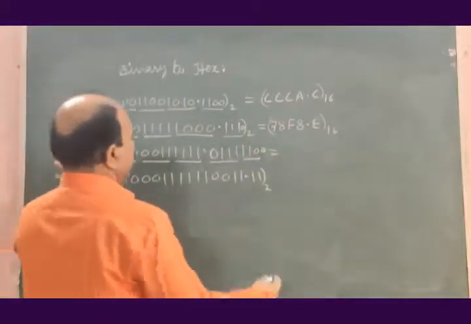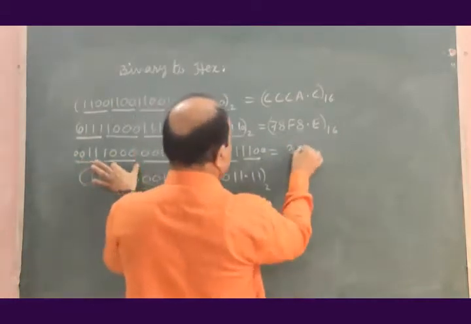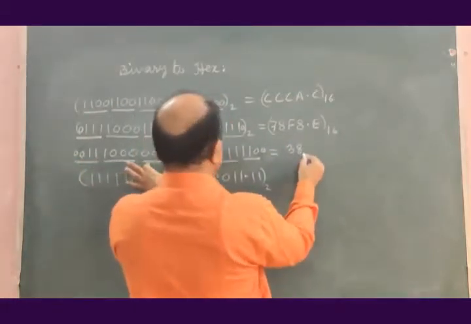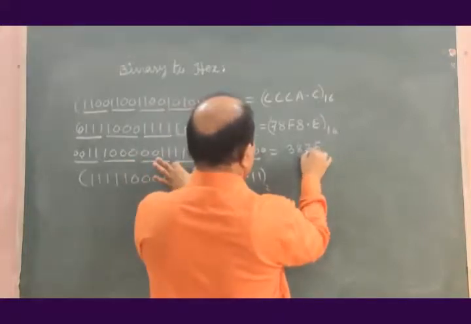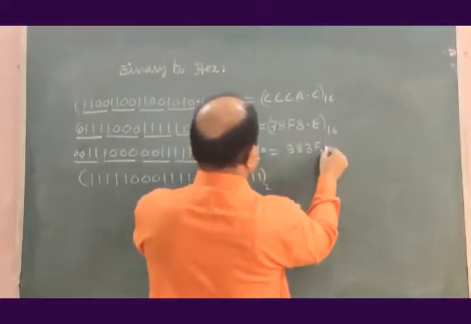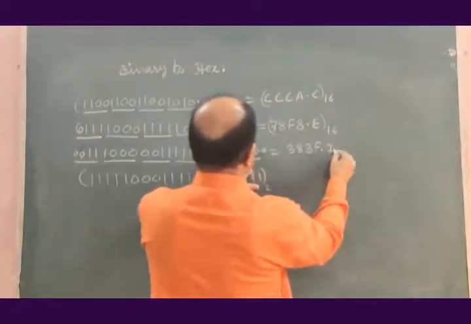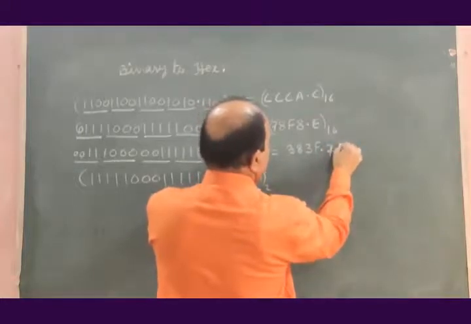This is 3, 8, 3, 15, hexadecimal point, 7, 12.